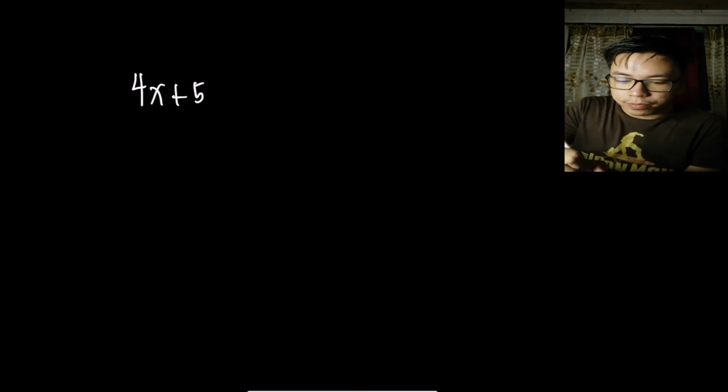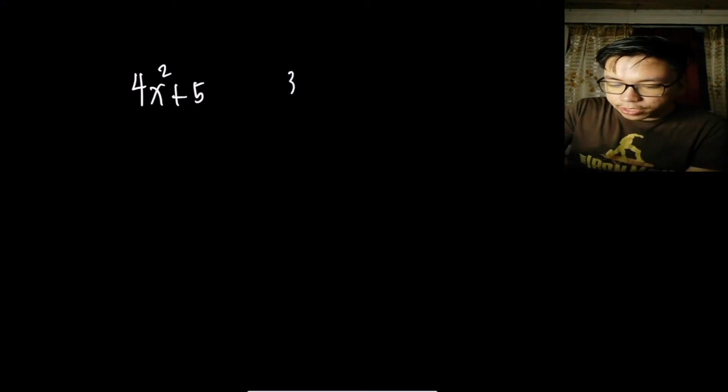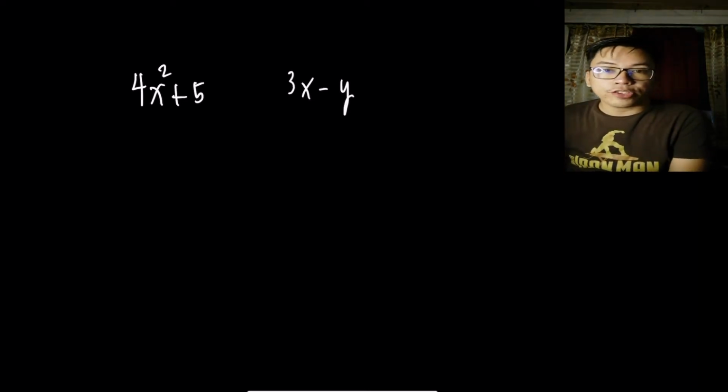That's it. Okay, so because we're actually studying expressions, before I forget to tell you, let's say this 4x squared plus 5 is actually an expression. This one here, 3x minus y, that's another expression.